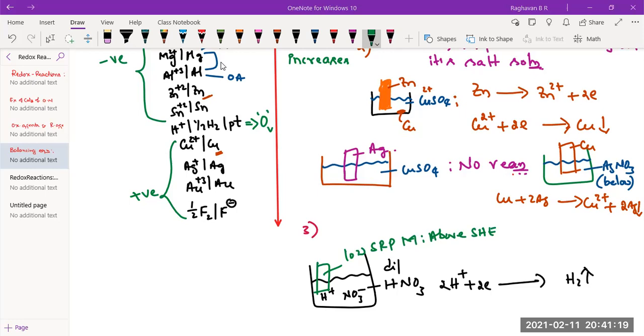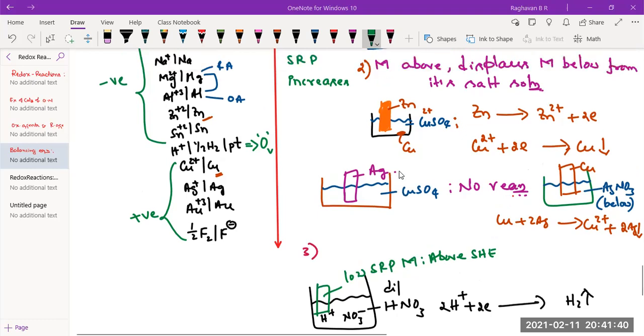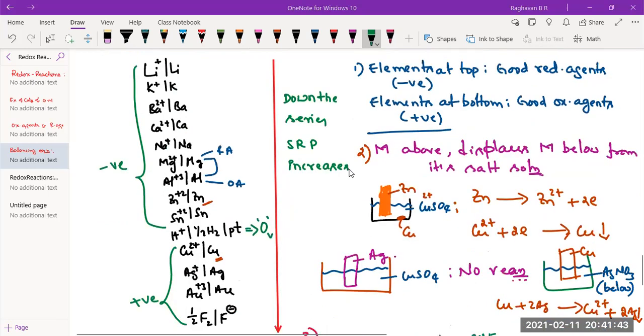Will it liberate? No. I'm going to dip iron into dilute HCl. Will it liberate? Iron is above, so it can liberate. I'm going to dip magnesium into HCl. Will it liberate? Yes.